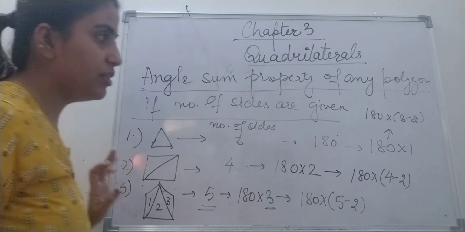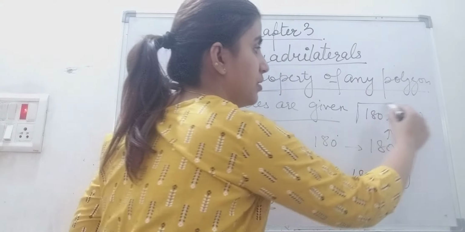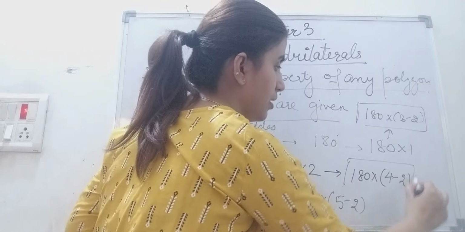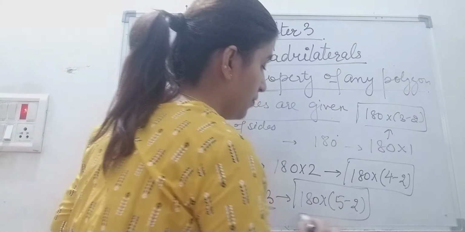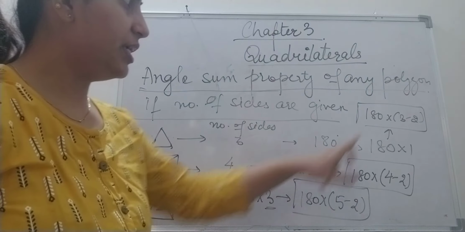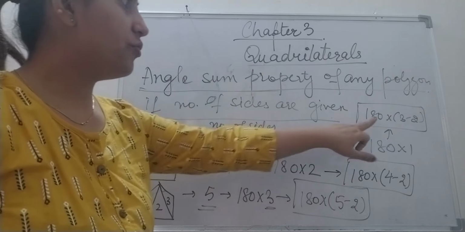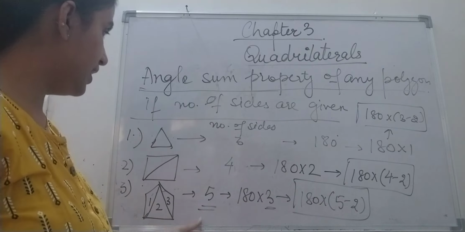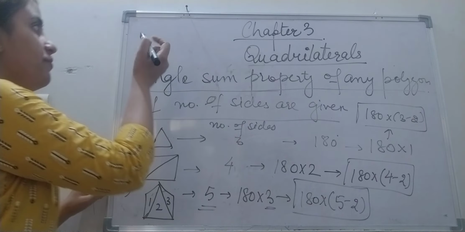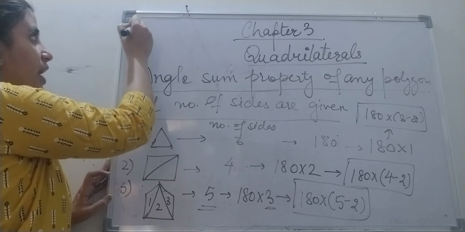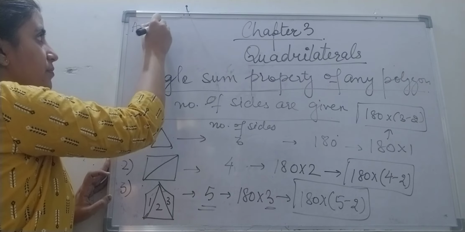Now if we see all the 3 formulas, we are having 180, 180, 180, and 2, 2, 2. What is changed? 3, 4 and 5. So 3, 4 and 5 are representing the number of sides. So I will make a general formula for angle sum property.